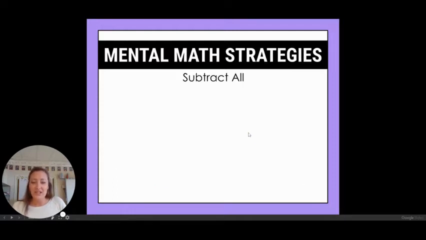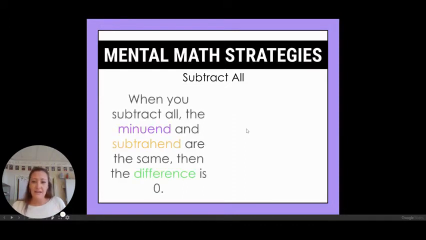Our next strategy is when we subtract everything away. When you subtract everything, then the minuend and the subtrahend are the same numbers, so you're always going to be left with 0. So our first example, I have 6 minus 6. Our minuend is 6, our subtrahend is 6.